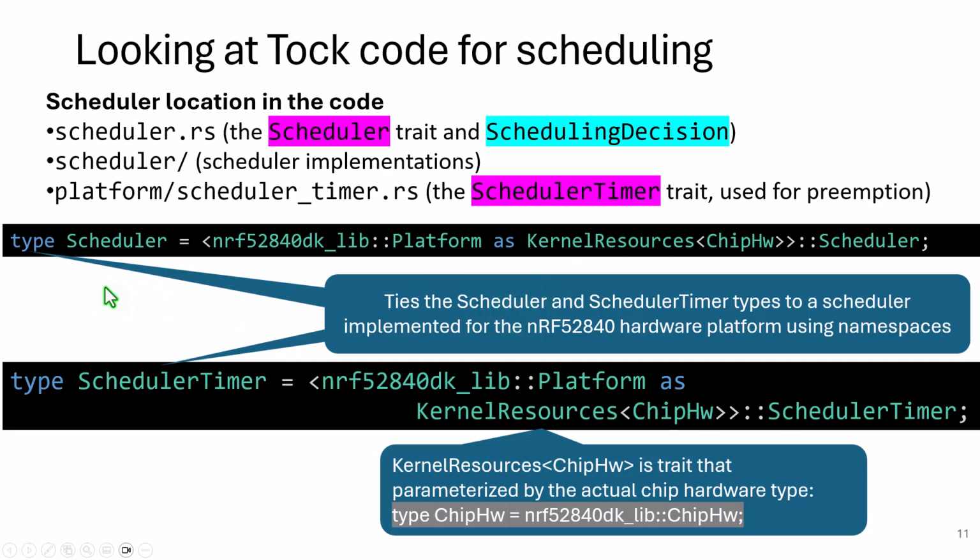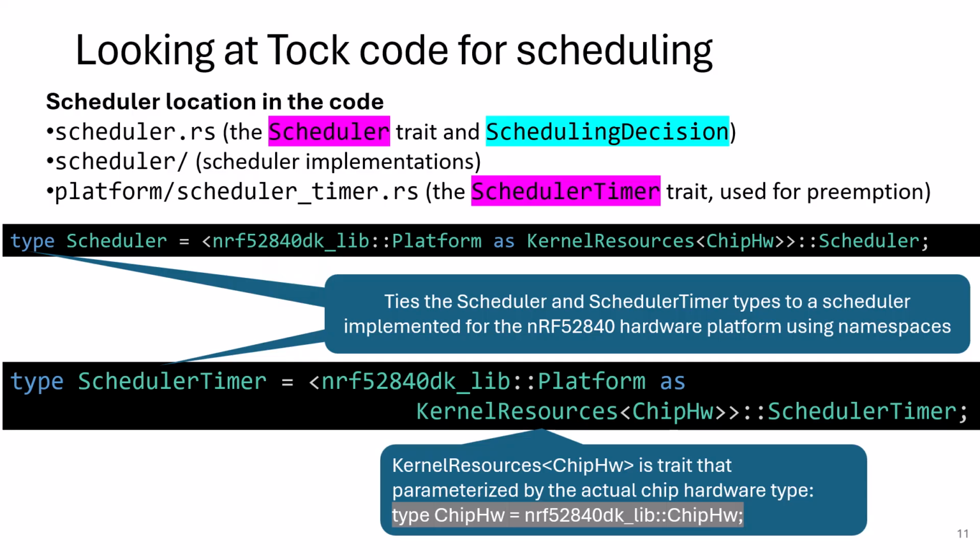This is just a couple of snapshots from the code, but the way the scheduler and the scheduler types are tied together to the actual hardware is through these namespaces. So you can make a shortcut to define a scheduler type that's now based on this, which is the NRF52840, which we'll be using for some of the board examples.